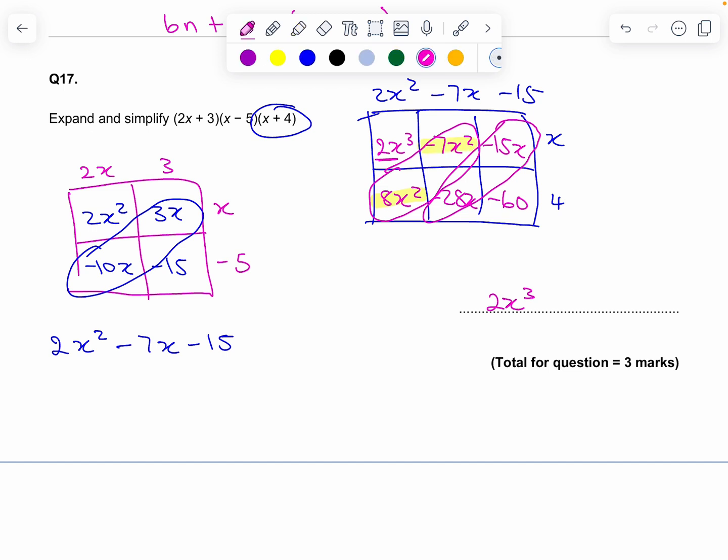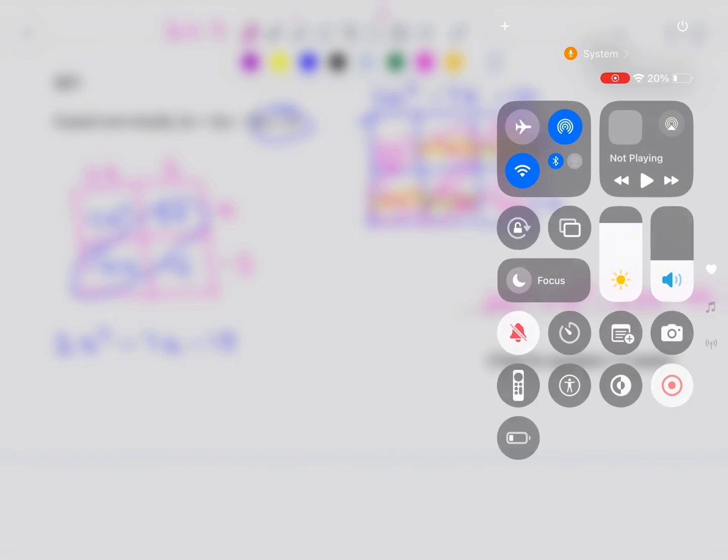That gives you positive x squared. And then you've got minus 28x, take away 15x, which gives you minus 43x. And then you've got the minus 60. And that's the end of the paper. Well done.